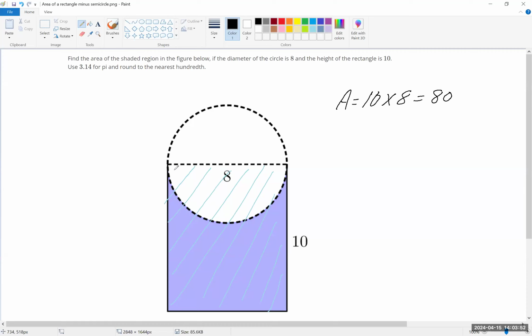So what we need to remove from that area is that semicircle that is indicated by the blue diagonals and the white area. So the next thing to do is figure out what the area of that semicircle is, which is going to be half the area of the circle.